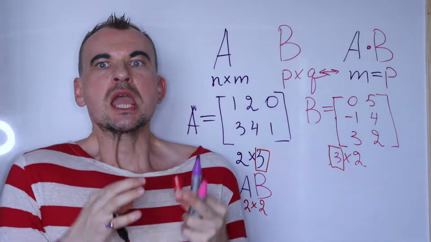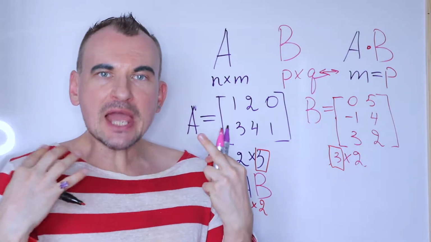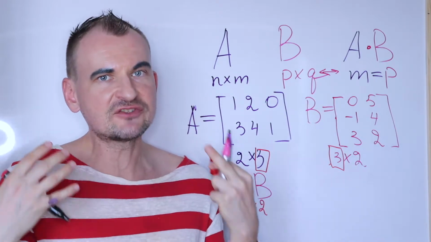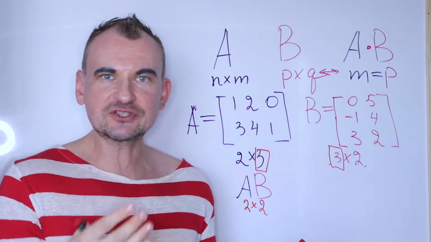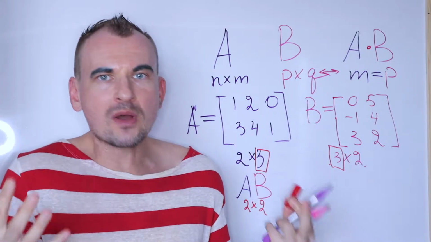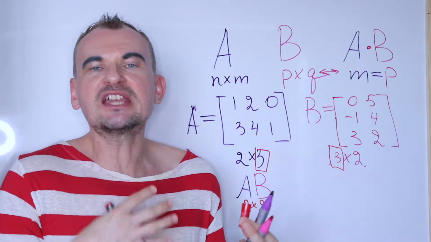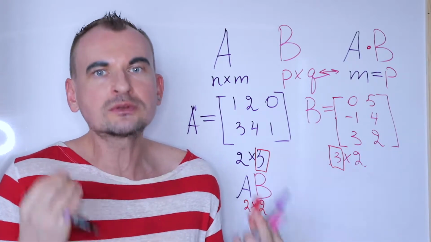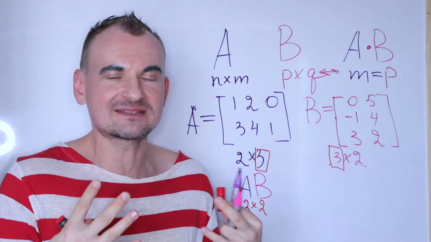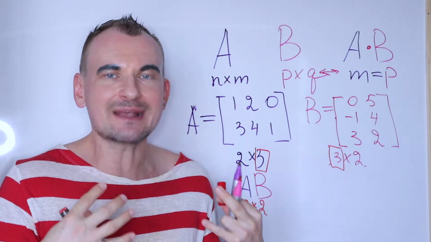Now, recall that if we multiply normal, usual numbers, let's say 2 and 3, 2 times 3 gives you 6, and 3 times 2 gives you also 6. So if you multiply normal numbers, it doesn't matter in which order we multiply, the result would be the same. For matrix multiplication, the situation is completely different.